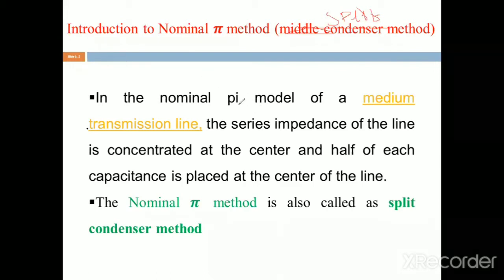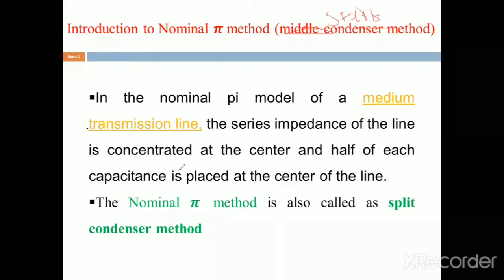But in the nominal pi method, the impedance is concentrated at the center between the capacitances. Therefore, the capacitance is divided into two halves.